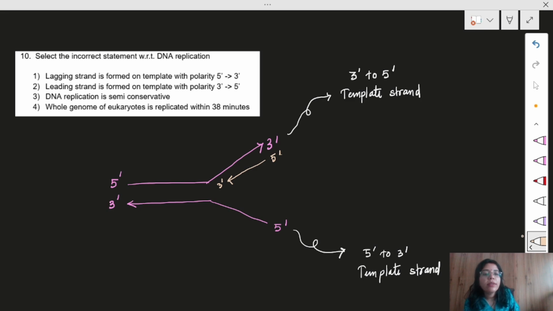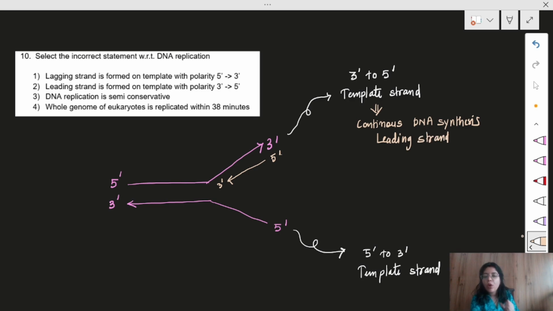Yes. So on this particular strand, continuous DNA synthesis is occurring, right? That's why you will call this the leading strand.